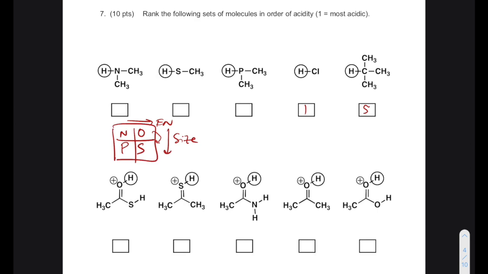And when we compare phosphorus to sulfur, because sulfur is more electronegative, it better stabilizes this negative charge that results, and so sulfur is more acidic than phosphorus. So in fact, this thiol is 2, phosphorus is then 3, and this amine is 4. Amines really aren't that acidic. Okay, so if we move on to the next one, this is sort of the opposite phenomenon.